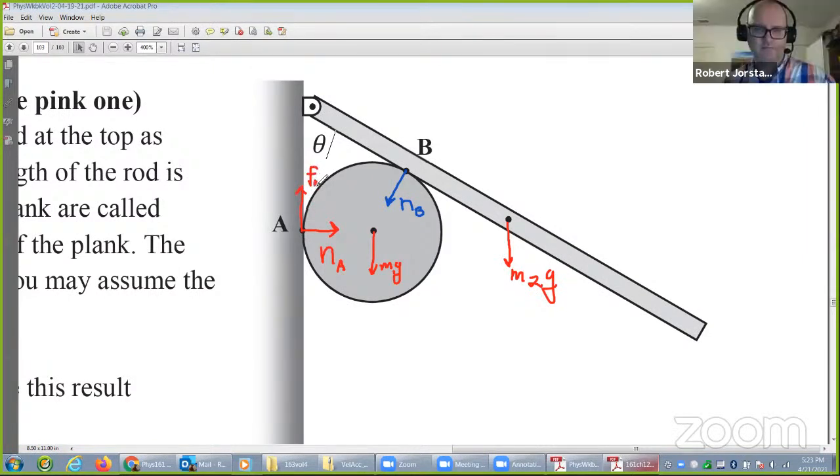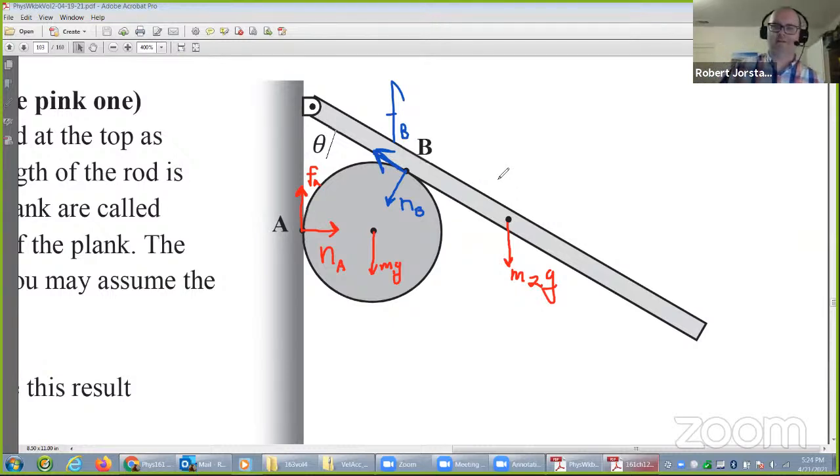Friction A. And then how about at point B? Pointing up to the left? Yeah, towards the pivot. Yeah. Now, that's obviously on the ball.